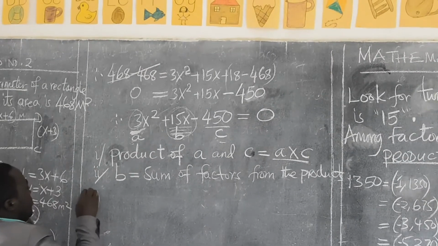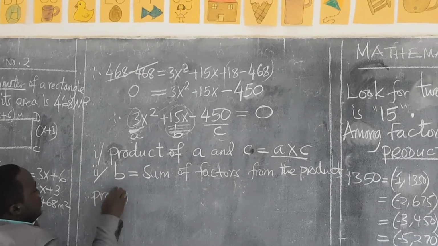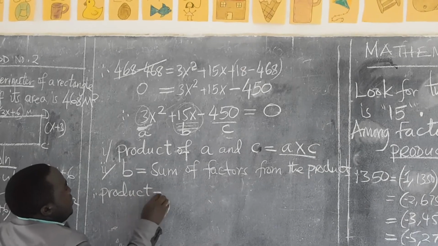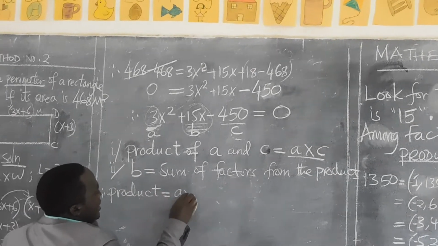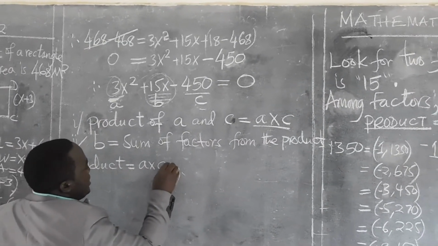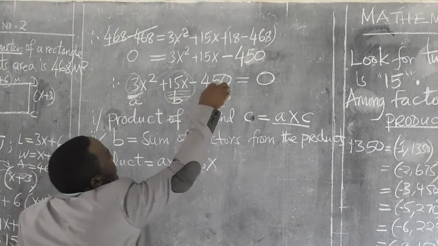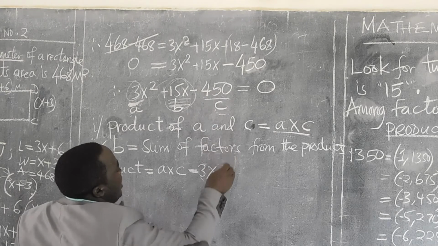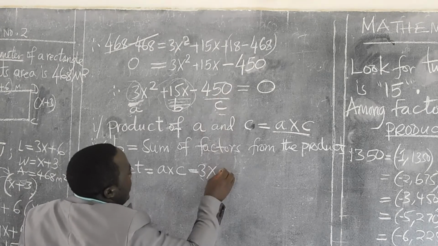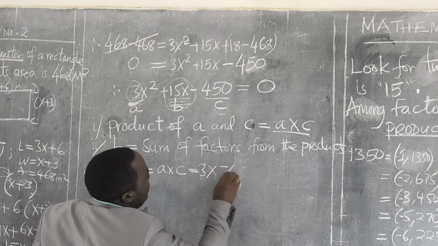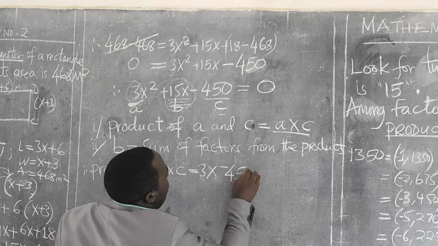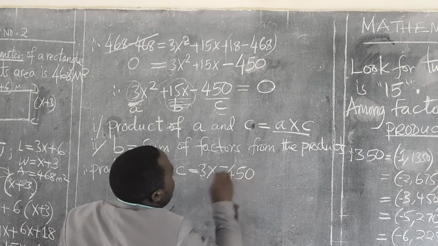Therefore, we start to look for the product. The product of A times C is equal to A, which is 3, times C, the constant number without a letter, which is negative 450.